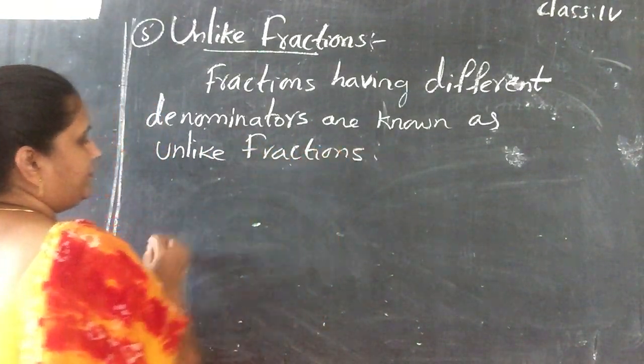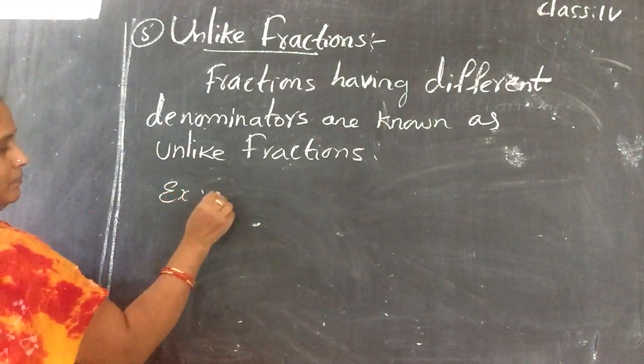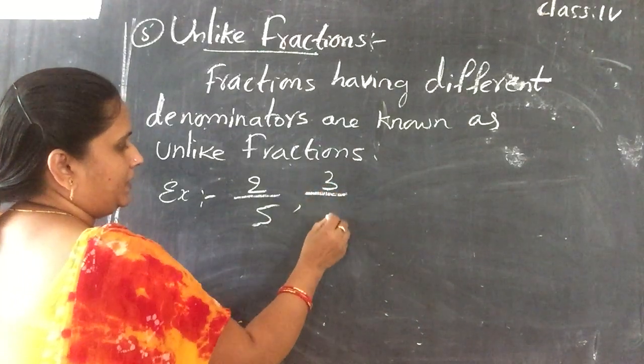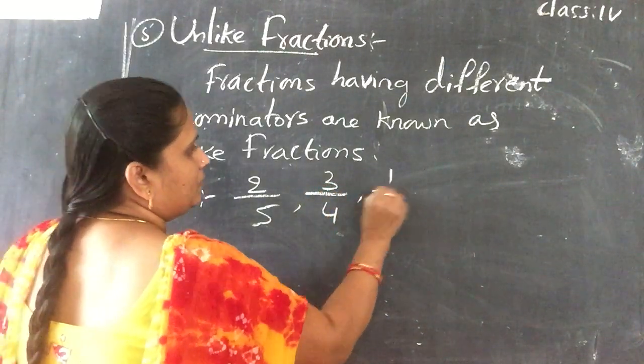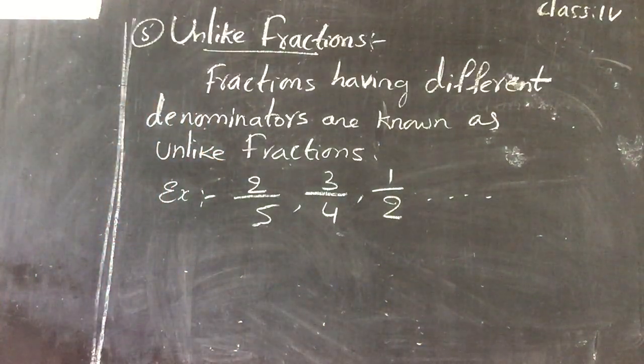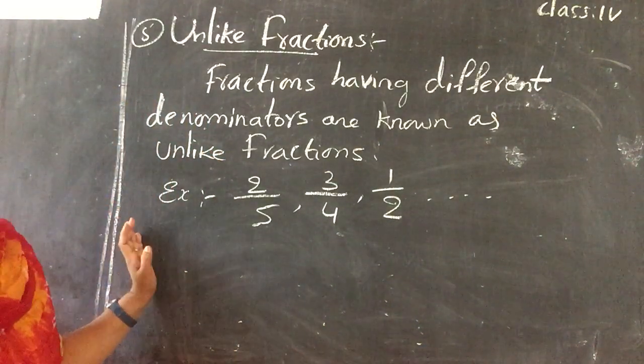Example, 2 by 5, 3 by 4, 1 by 2, like that. So these will be known as unlike fractions.